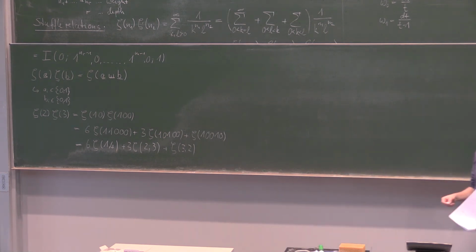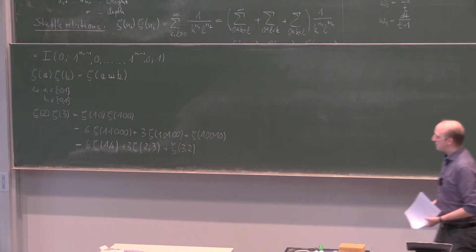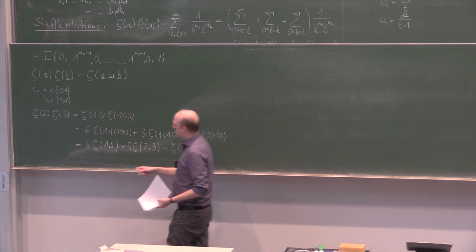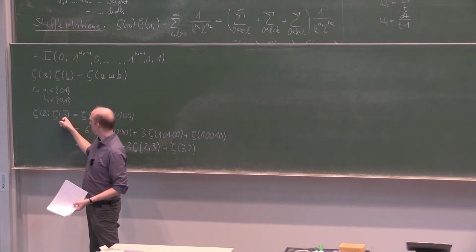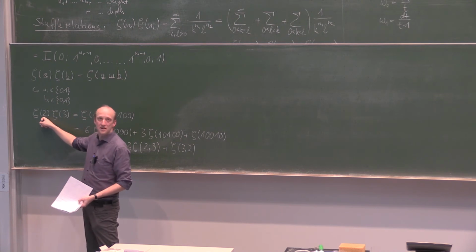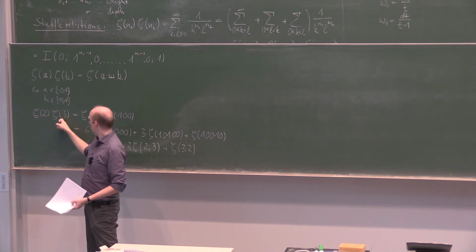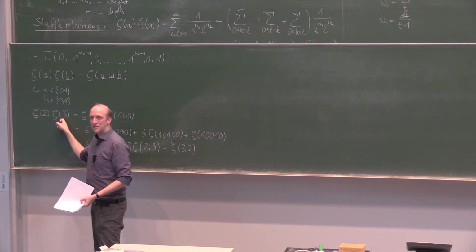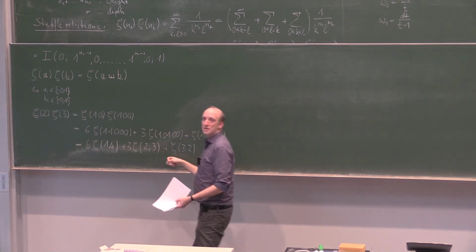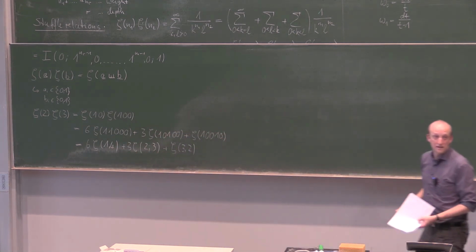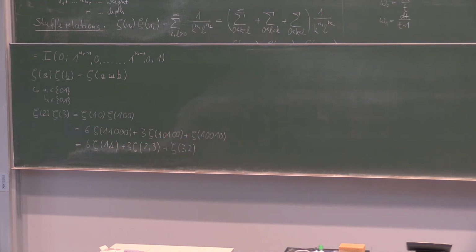That's again a relation. And one thing you might recognize is that the weight of the zetas is additive and is actually conserved. So whenever you multiply two zeta values, then the total weight, which is 5 here, will be 5 for each of the multiple zeta values on the right-hand side. So that's different from what you had before, so I guess that's a new relation.